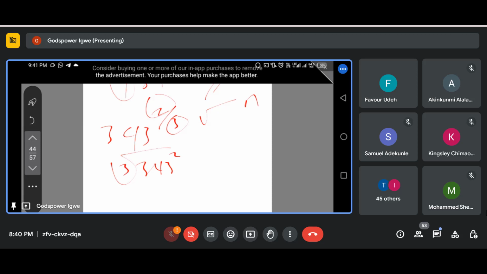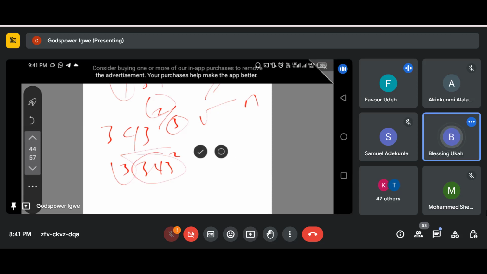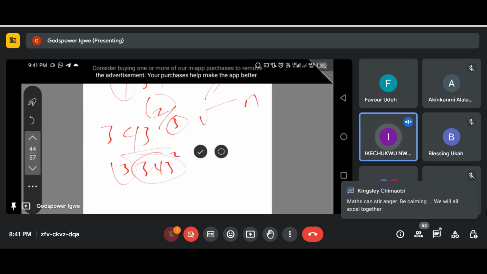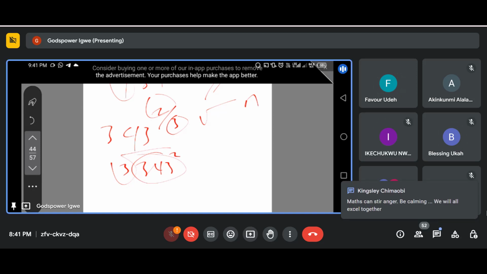Somebody check for the square root of 343.